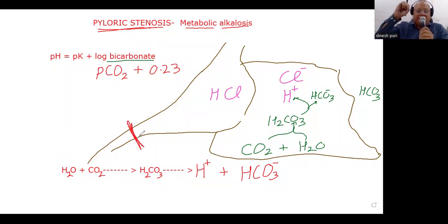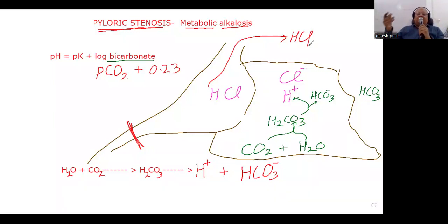Stenosis means narrowing at the pyloric region, as a result of which there is stasis and HCl is eliminated from the body because of persistent, prolonged vomiting because of this obstruction. So why does metabolic alkalosis develop?